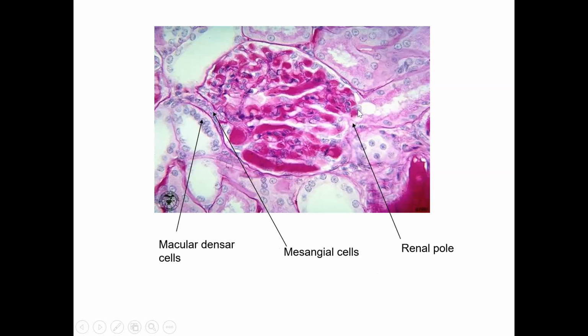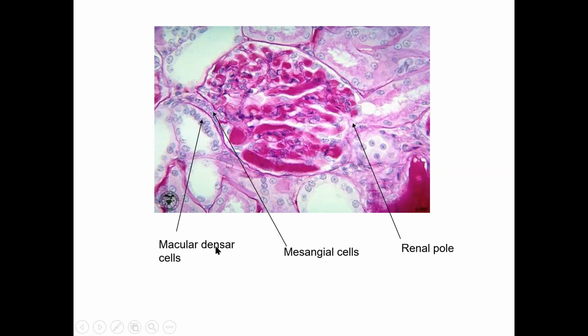This side is always connected to the tubular structure, so we call it the renal pole. If you have a PCT on this side, you know right away the arterioles should be on this side. And then the DCT is close to there, and the side of the cells facing the arterioles are specialized macula densa cells.